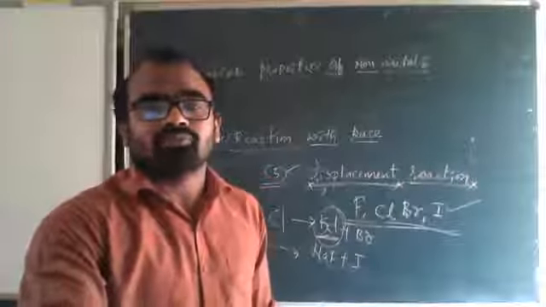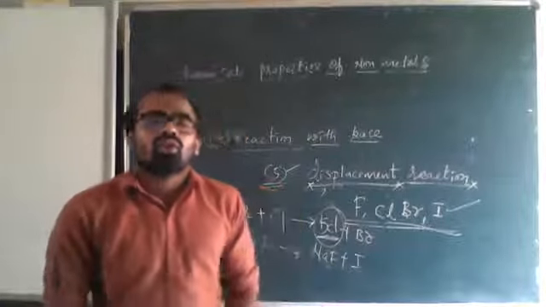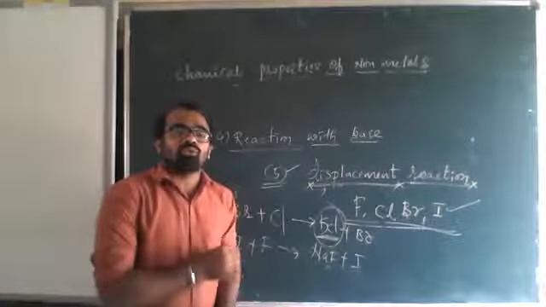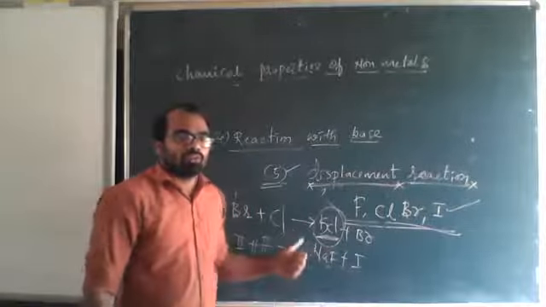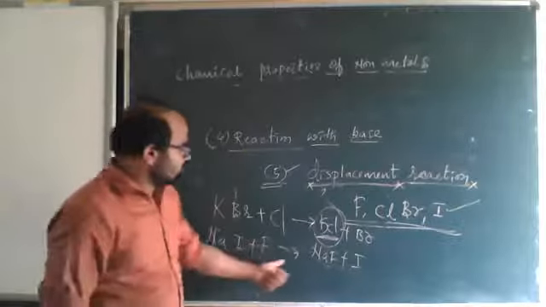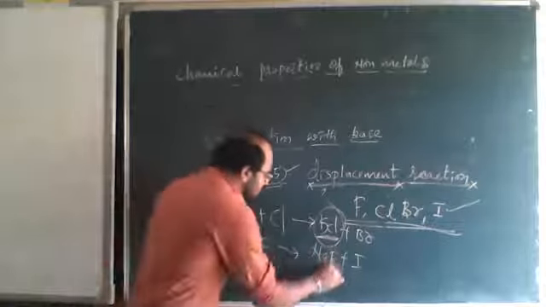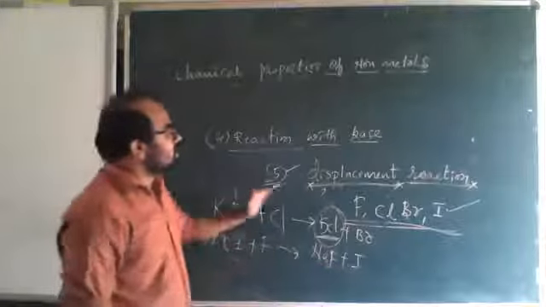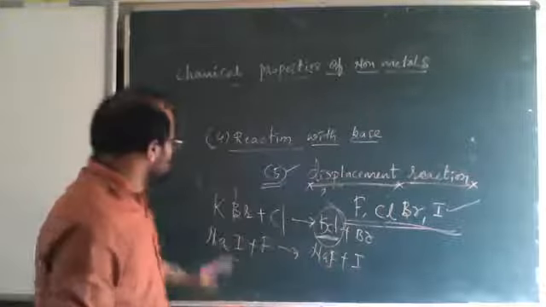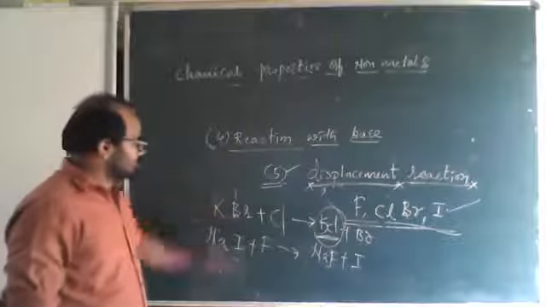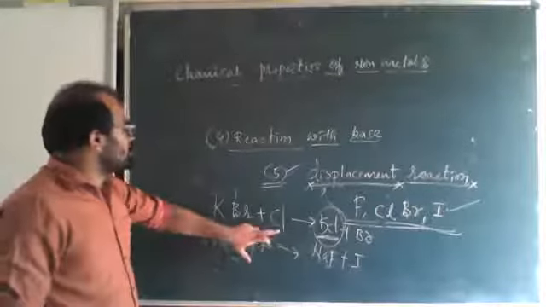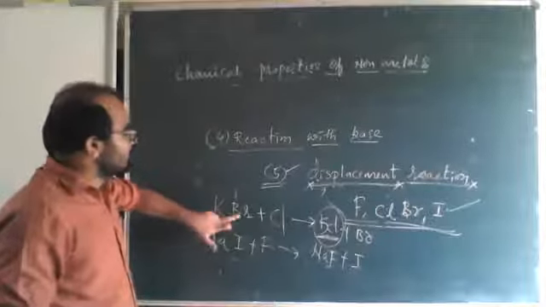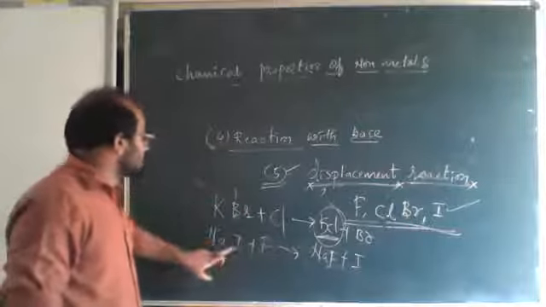Okay, these are called displacement reactions. Here chlorine is displacing bromine, here fluorine is displacing iodine.